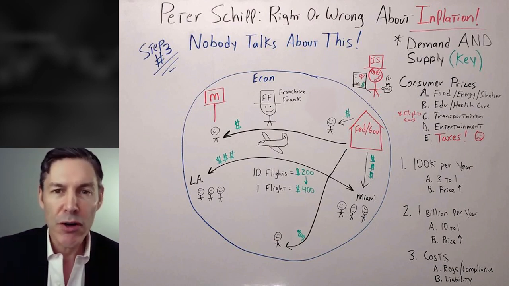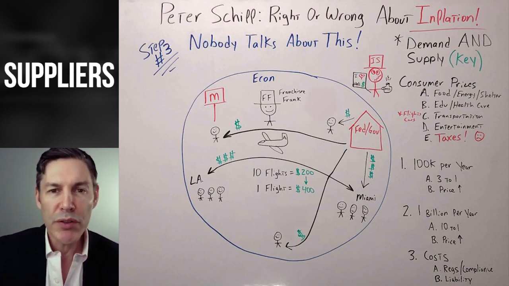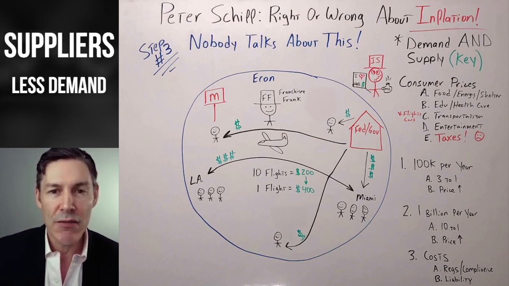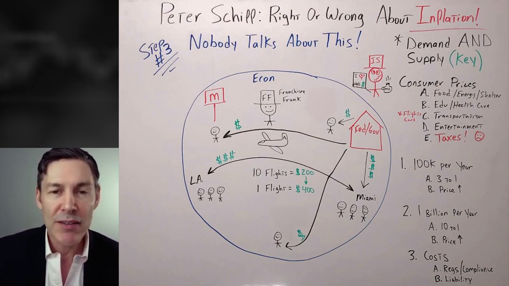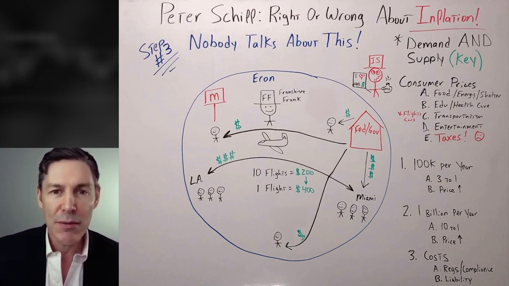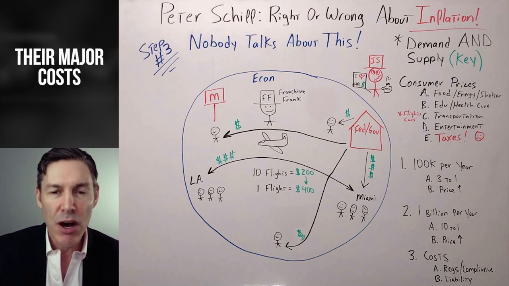So you might also be asking yourself, yeah, George, but what about the suppliers? Won't they lower their prices because they have less demand, so Frank will have lower input costs on the food side of the equation? Not really, because the same thing that happened to Frank will also happen to his suppliers in the sense that their major cost, or a good majority of their costs, are fixed in the form of payroll.